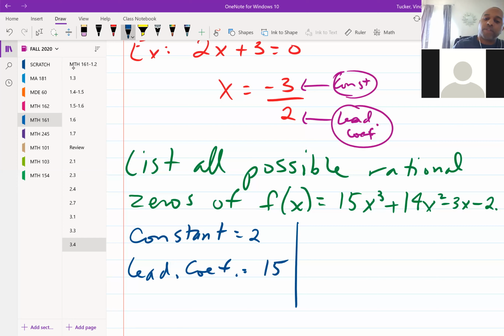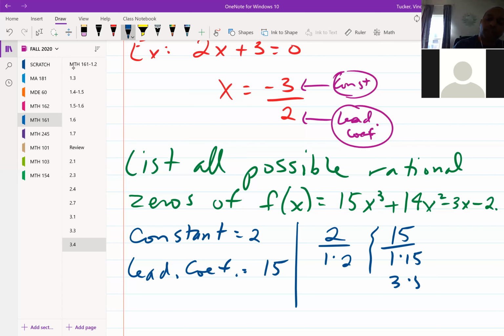All right, the factors of 2 are just 1 and 2. Factors of 15: 1 times 15, 3 times 5.